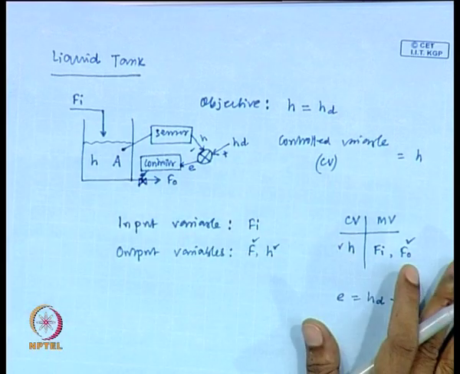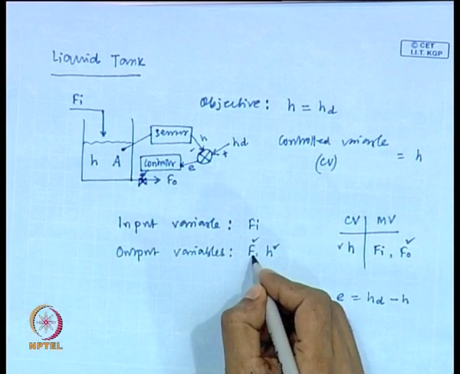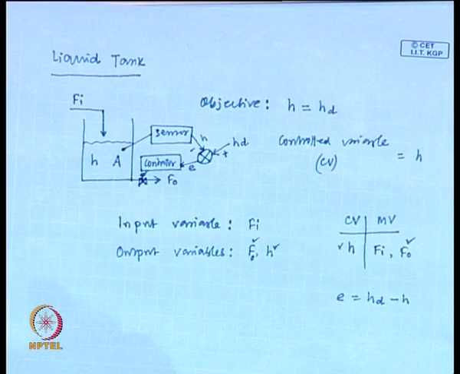Now, can you tell me, is F naught an input variable or output variable? You see the classification, is the manipulated variable under input variable or output variable? Input variable.